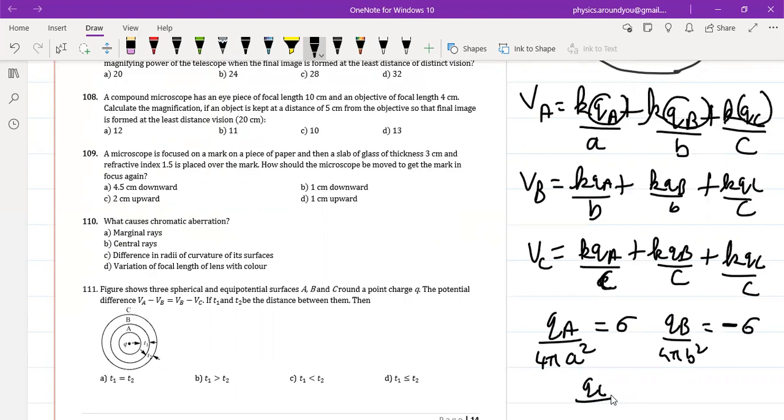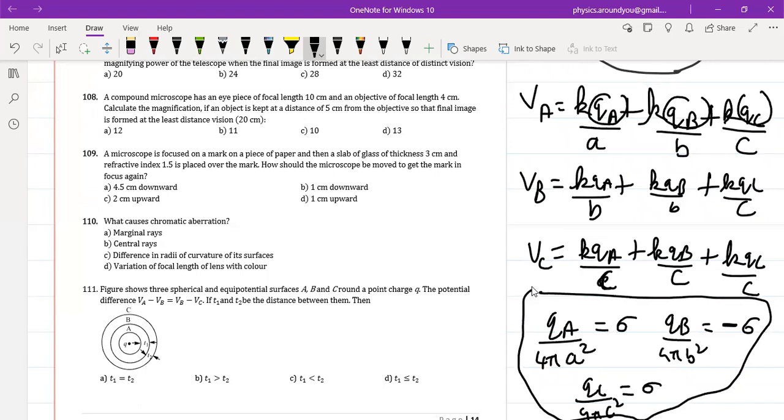QC by 4 pi c square is again plus sigma. Surface charge density is nothing but charge by surface area. So I can substitute QA as sigma into 4 pi a square in this equation, QB as minus sigma into 4 pi b square in this equation, and QC as sigma into 4 pi c square in this equation. You will get some expression involving A, B, and C.